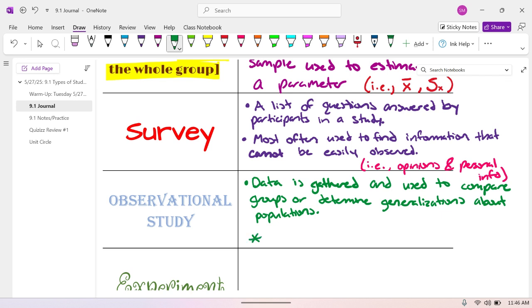Now, sometimes observational studies may include a survey.